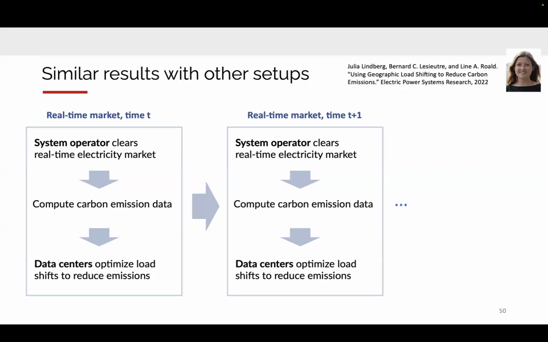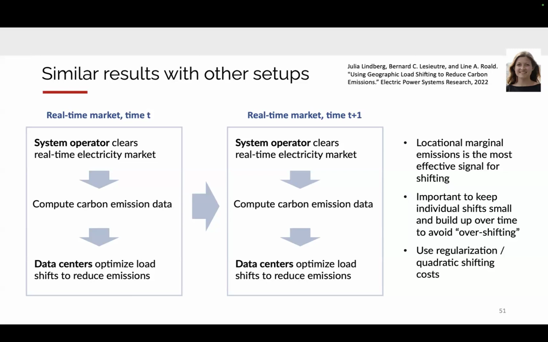Okay, so as I said, there are other setups in which you can evaluate this. You can look at more real-time market clearings. So we've looked at that. And essentially similar results from that, where we see that locational marginal emissions is the most effective signal for load shifting.